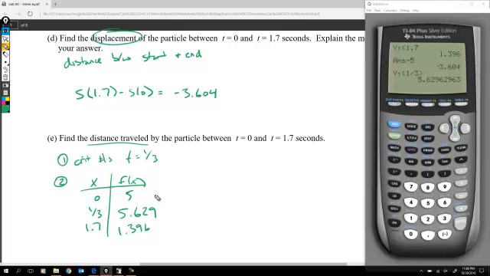And so as you can see, between 0 and 1/3, we traveled forward. And then from 1/3 to 1.7, we traveled backwards. Okay, and that distance is really important. So what I need to do is figure out how far I traveled between my starting and my middle here. So I traveled 0.629. And then between here, I have to figure out how much I traveled, so I'm going to use my calculator for that.